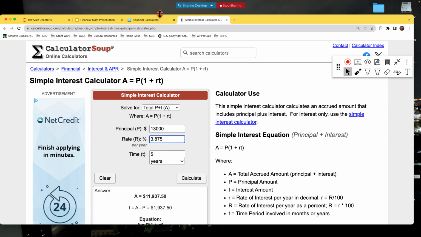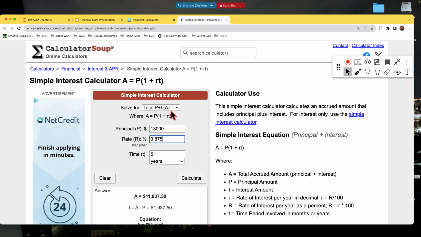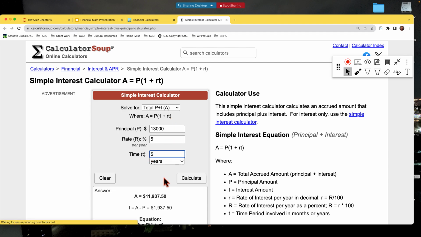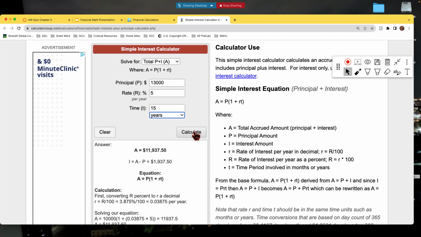The interest rate, what was the interest rate? 5%. So we put it in this way, and then the time in years was 15. Notice we could put other things, but it's 15 years. And then we just need to calculate.